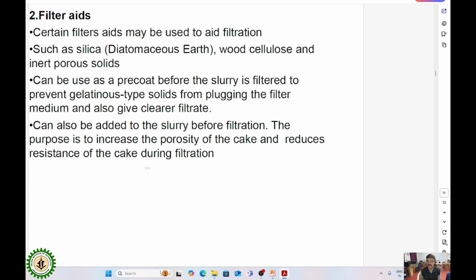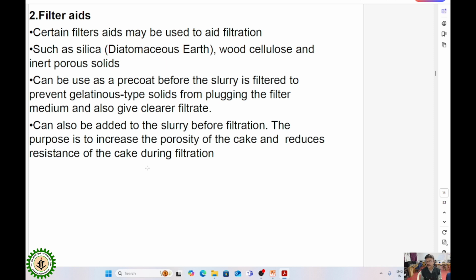When the solid is deposited on the surface of the filtering cloth, the filtering aids are also deposited with the solids, so that it creates some porosity. In the presence of filtering aids, they provide additional porosity in the deposited cake. That's why the time of filtration is further extended.